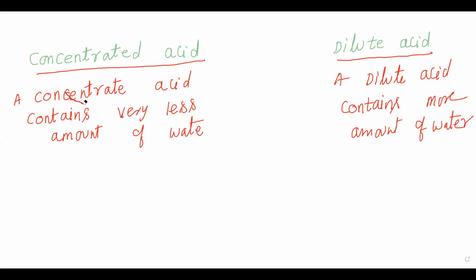Concentrated acids have very little water, minimum water, so they are too dangerous. When you add water to an acid, it becomes dilute. Dilute acid contains more water. So this is the basic difference between concentrated acid and dilute acid.